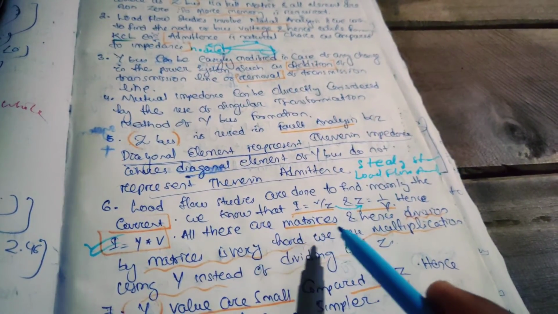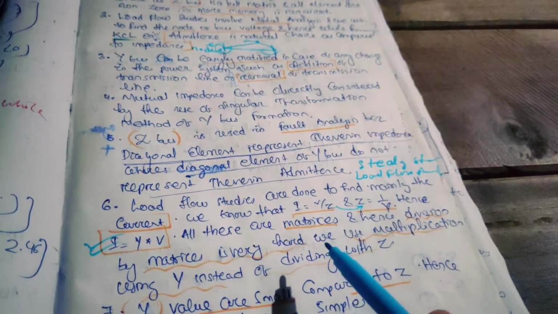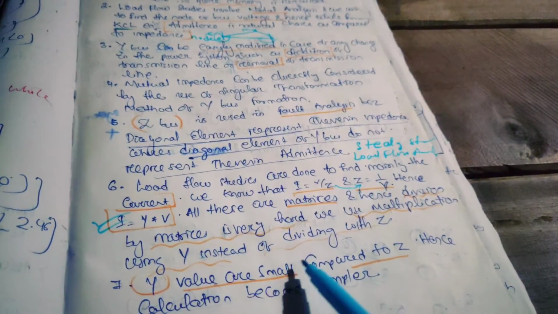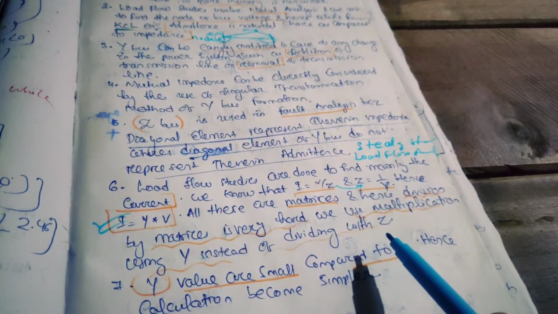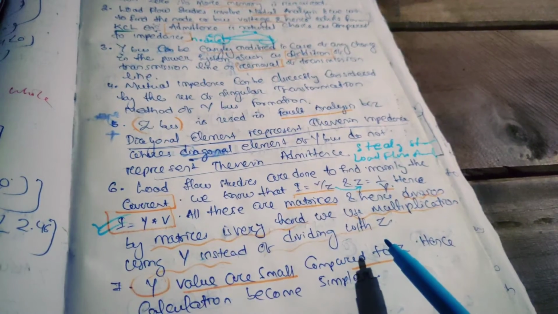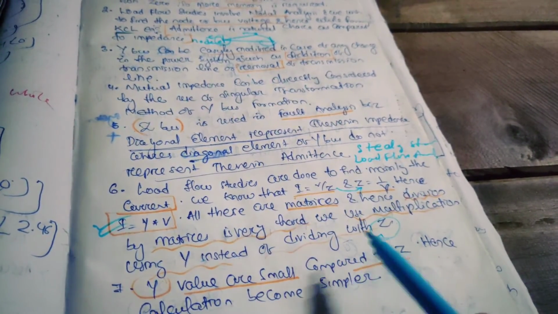All those are matrices, and division by a matrix is very hard. We use multiplication using Y instead of dividing with Z. So the multiplication of Y with V is very easy instead of the division by impedance. That's why we use Y instead of the Z matrix.